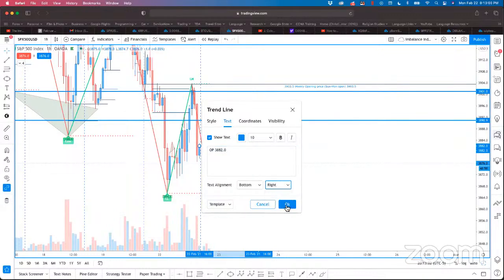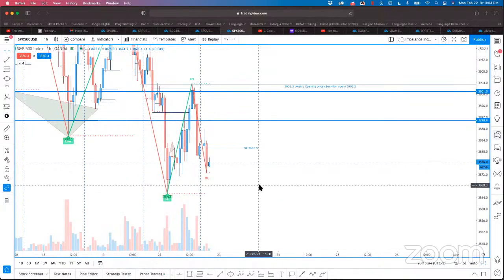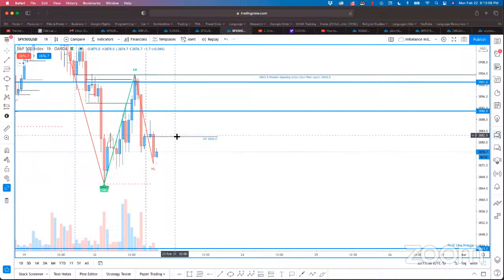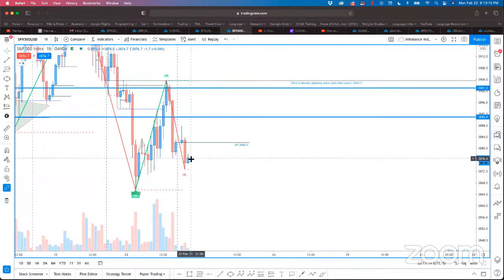Note that to self. So I already know I'm trading negative for the day. Right at this moment, the price is below this price, so that means that I'm already negative. I'm already leaning to the sell side.